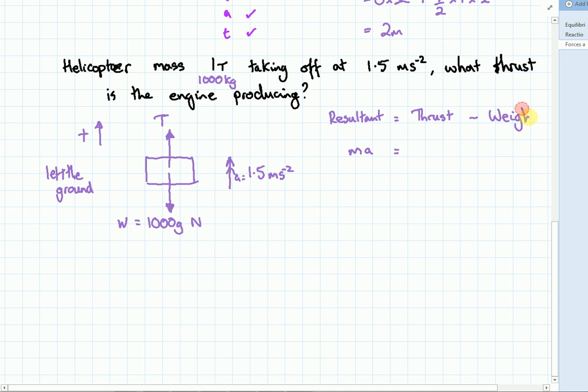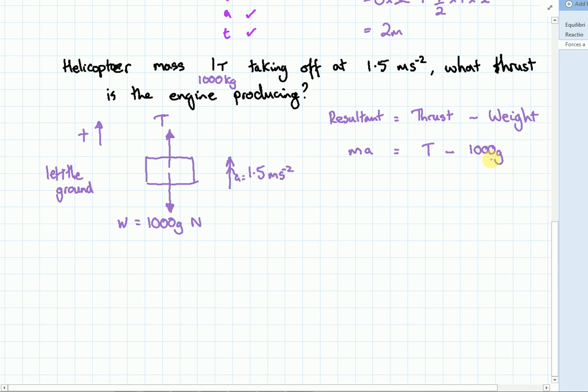The signs come from our choosing the vertical direction. So our thrust T minus the weight, which we can write as 1,000 g.